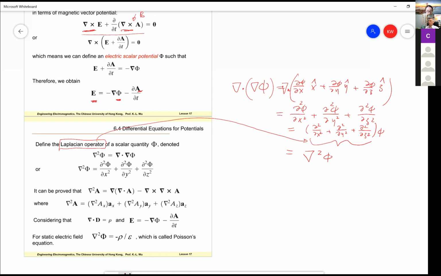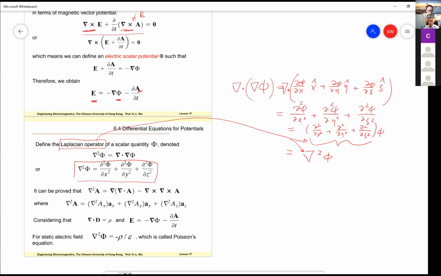This Laplacian operator is just an operator, not independent, because it is composed of del and divergence, right? So this is the second order differential operator.